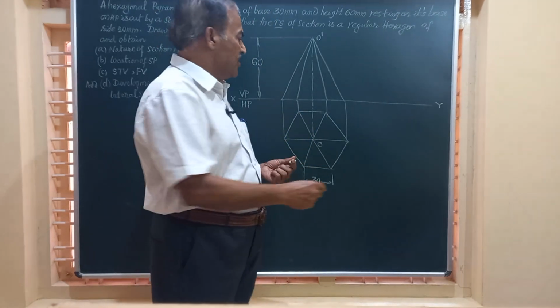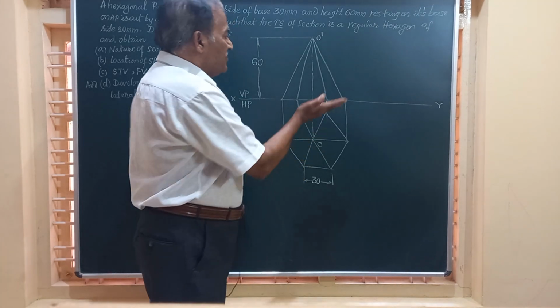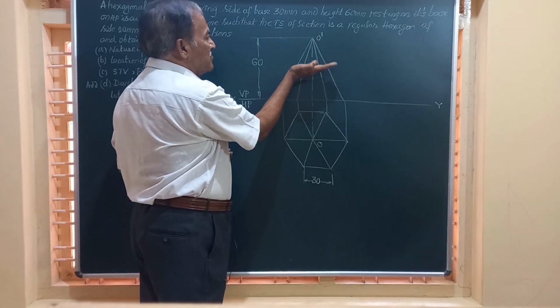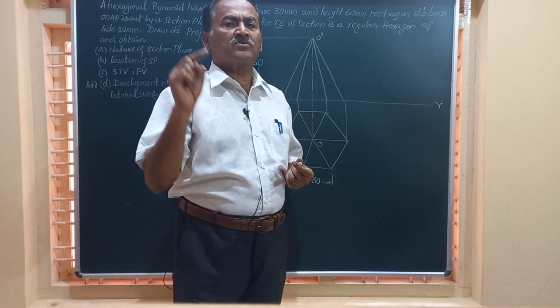That is to say, if you have a hexagonal pyramid, whenever you cut this parallel to the base, you get a hexagon as the true shape.